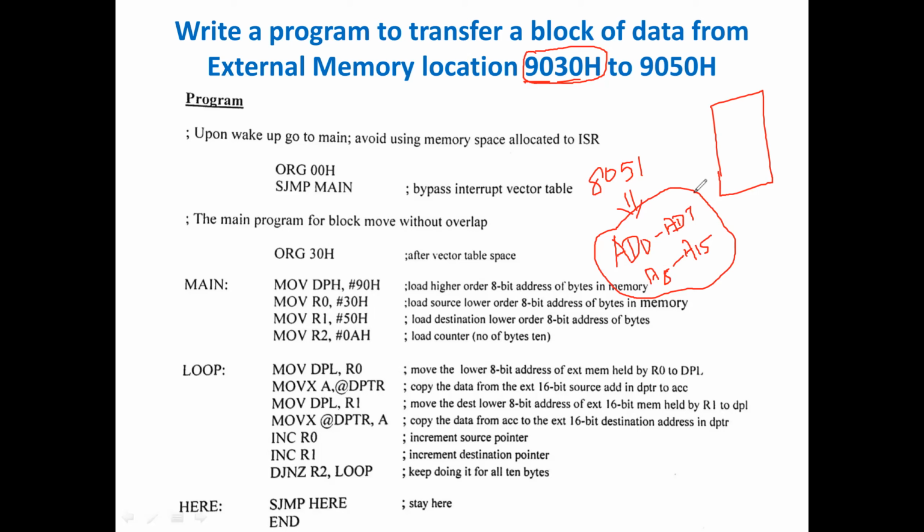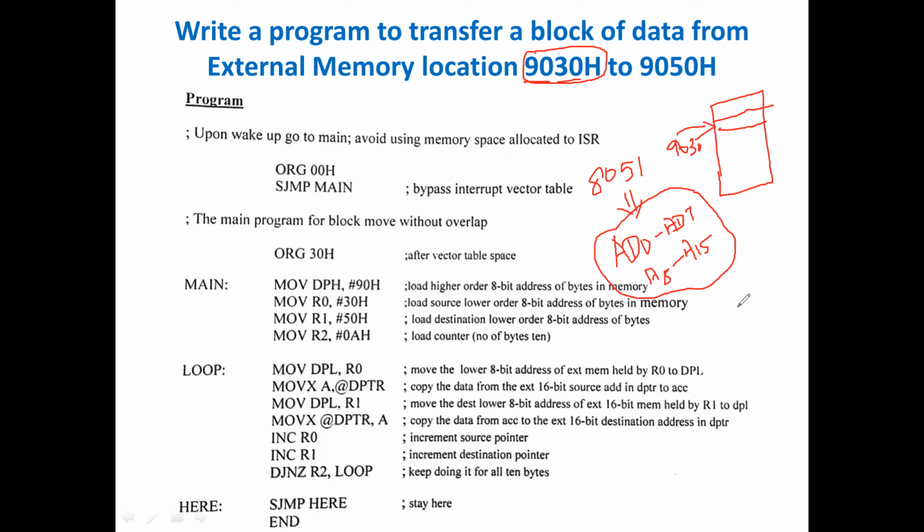Through these address lines, you can address any 16-bit address. For example, 9030 will point to a 16-bit address in the external memory location.